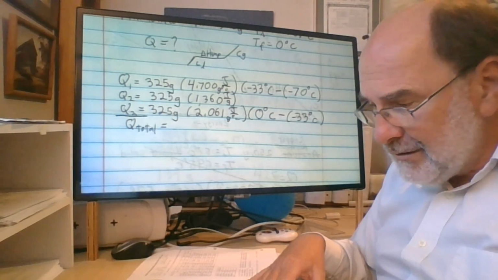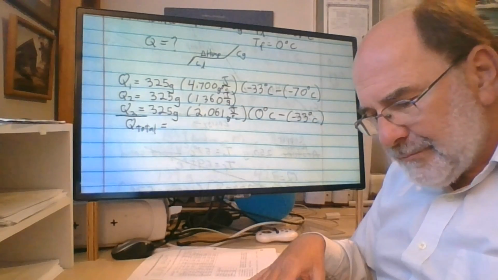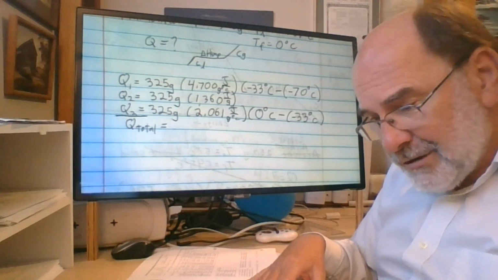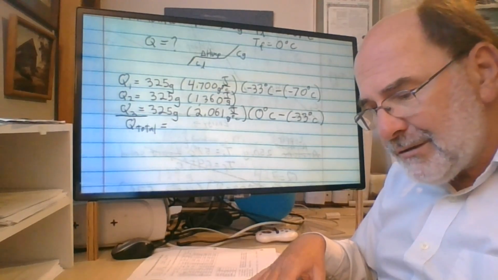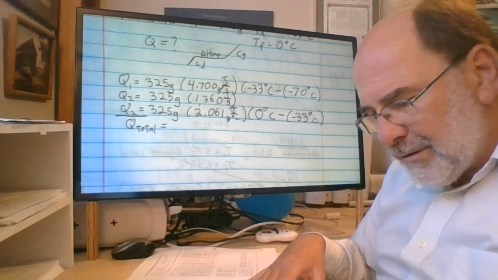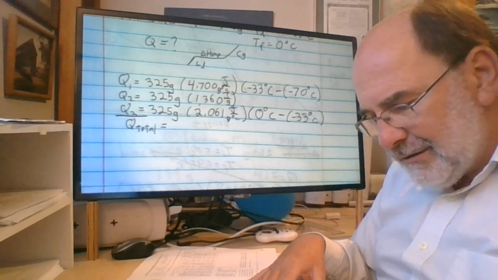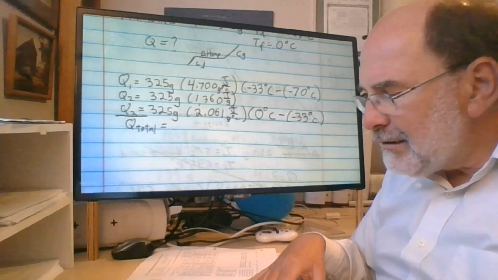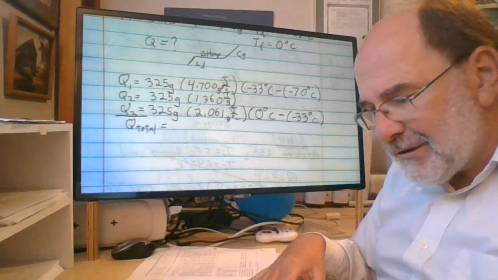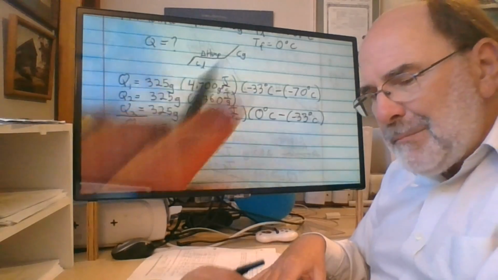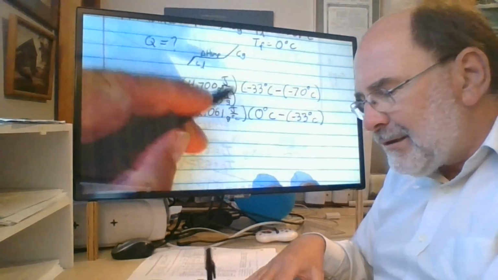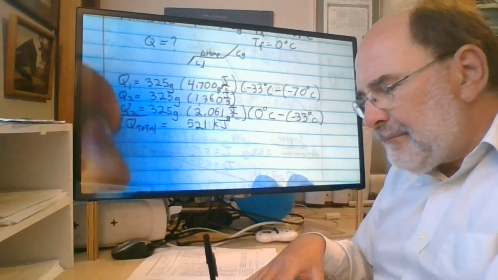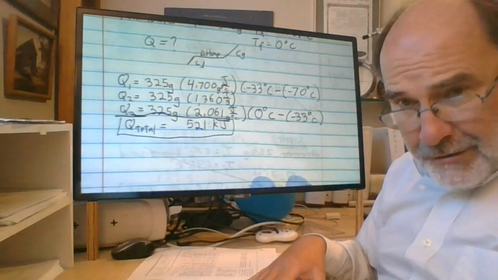So this should be 37. In other words, negative 30 minus negative 70 should be 37 degrees Celsius, plus 1,360 plus 2.061 times 33, close parentheses, enter, and I end up with 521 kilojoules total energy in this example.